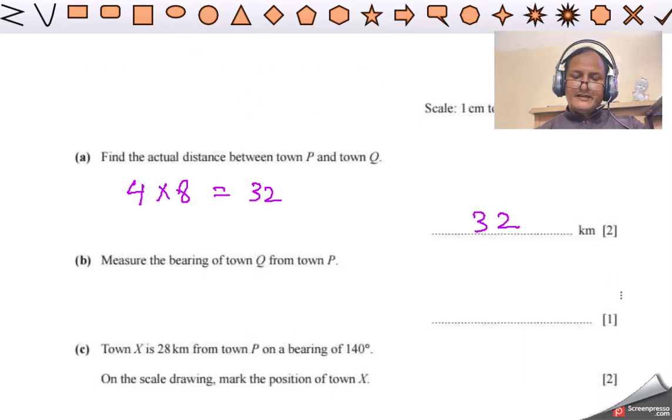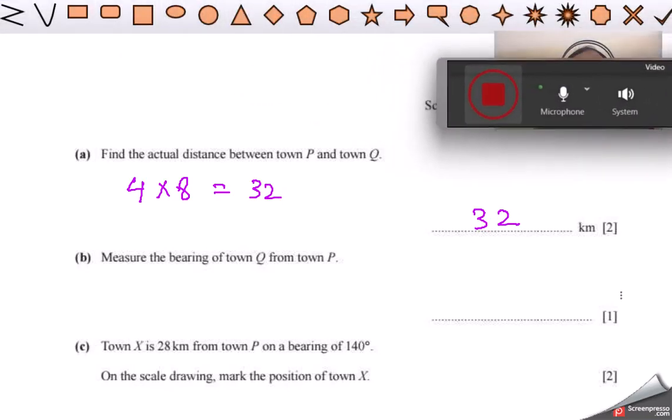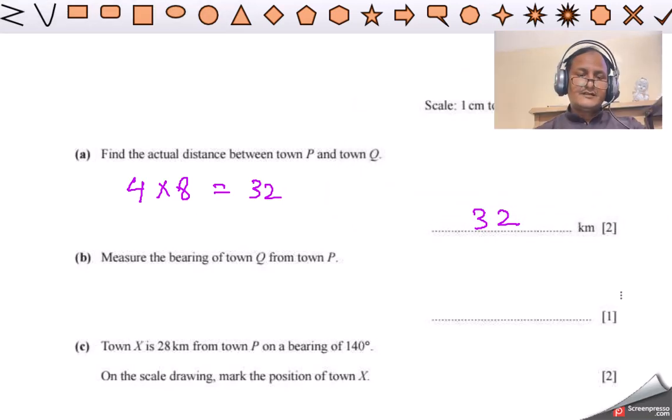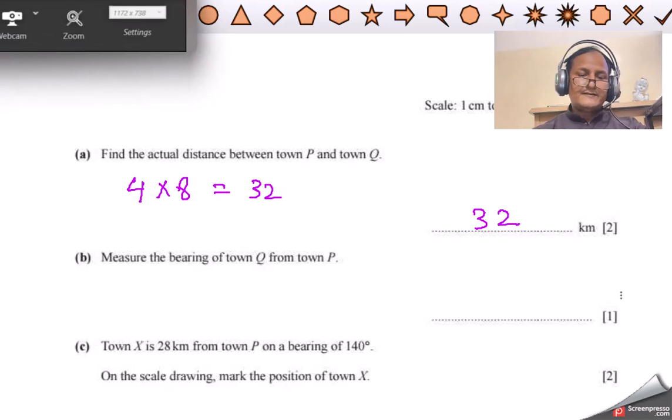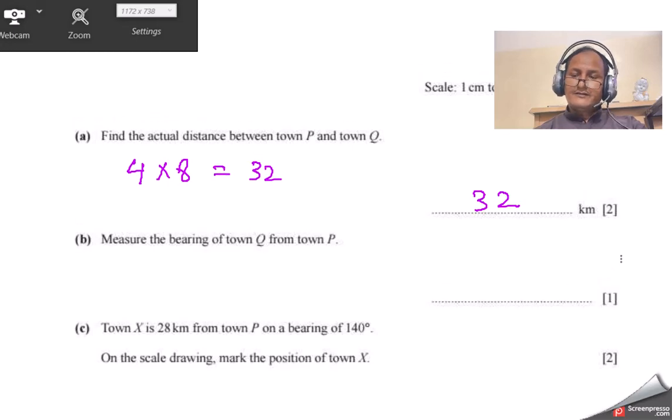Then we have part B. Measure the bearing of town P from Q. We're supposed to find the bearing here and check it.